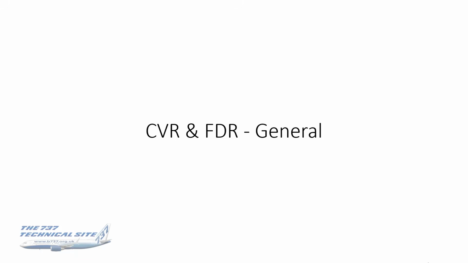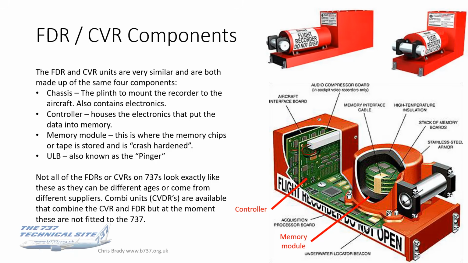Alright, so starting with the CVR and FDR, some features general, common to them both. First off, the units are very similar, both look very similar. I should say that the FDRs and CVRs aren't the same on all 737s.